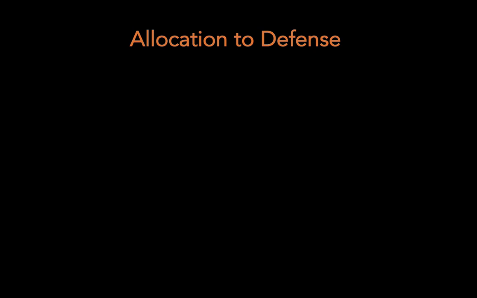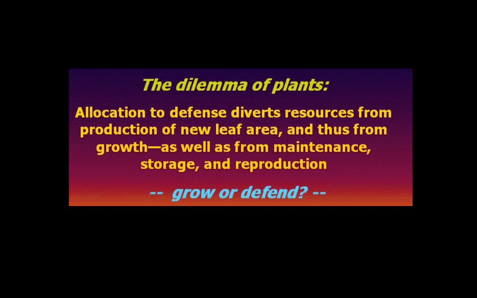Okay, so let's switch gears a little bit, but let's zoom in on one aspect of variation in life histories, something that influences variation in survivorship, but also in reproduction. And let's zoom in on one specific aspect of a trade-off, and that is something associated with the defense strategies of plants, in particular allocation to defense.